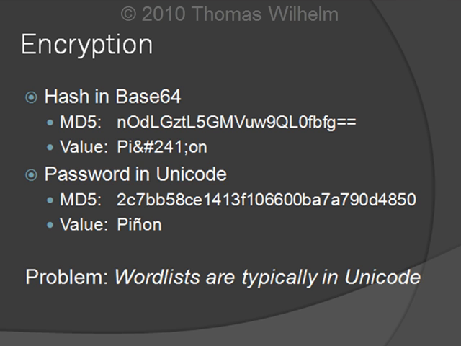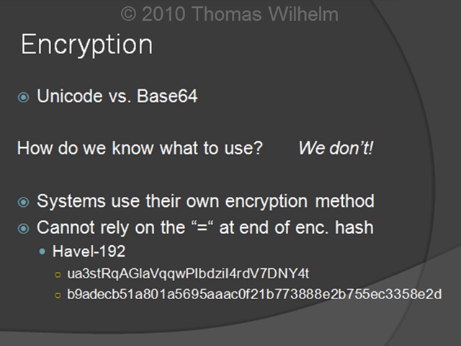All right. So the next question people have is, well, how do we know the difference? How do we know what to use? Unfortunately, we don't. There is no good way to identify which passwords have been encrypted using Unicode and which ones have been encrypted using base64.